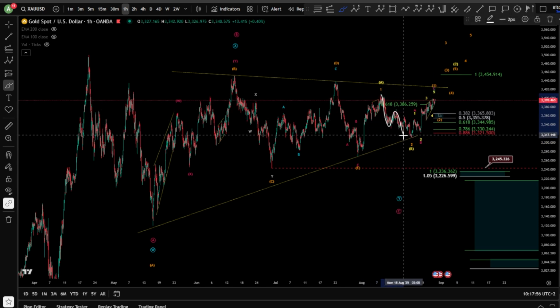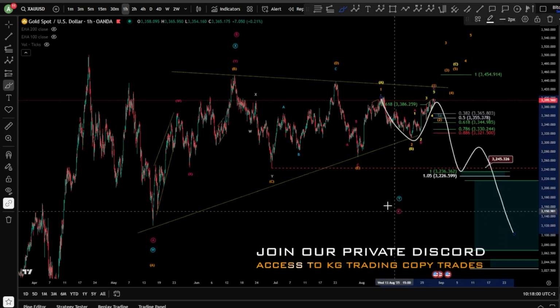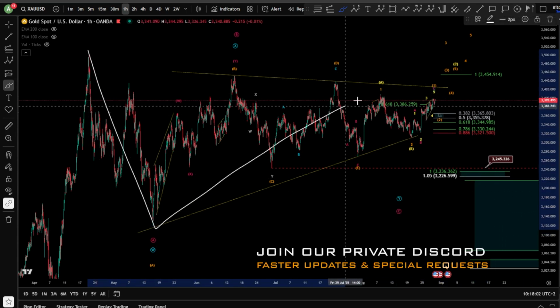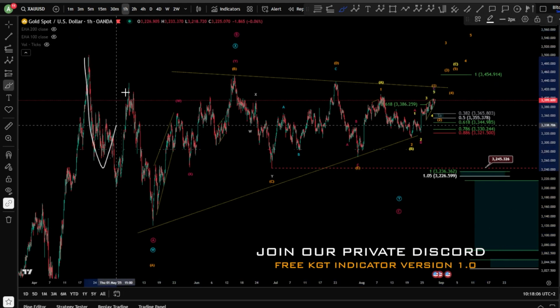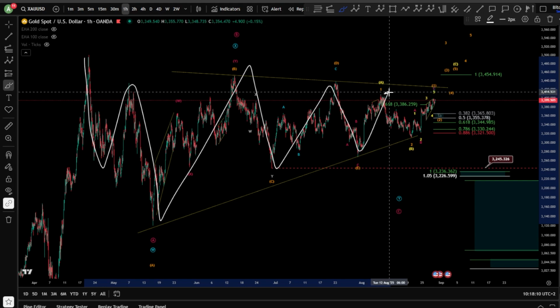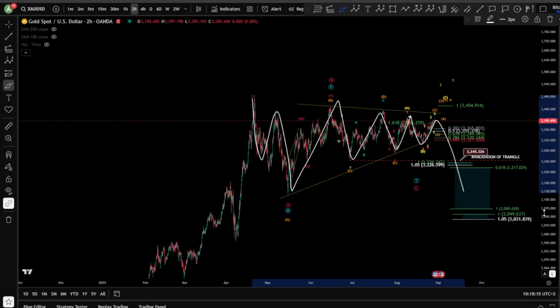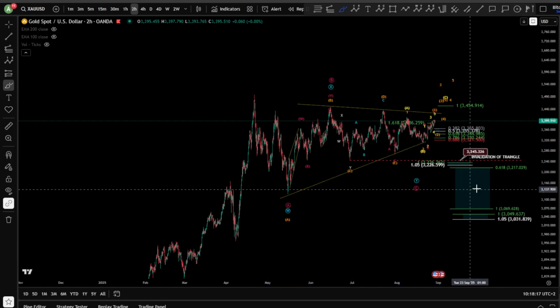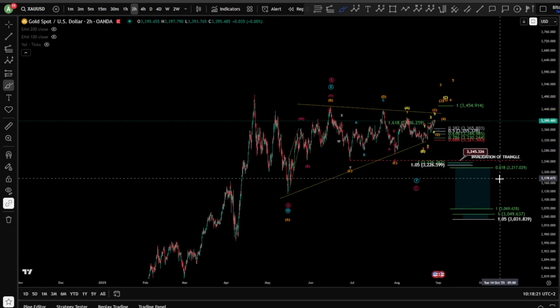Of course, if you want to take this as a leading diagonal, it can be 1, 2, 3, 4, 5 to unfold a big A, B, and a C here, because don't forget that you have a big wave A, 3 waves down. You got a triangle here as a wave E, and you might have a very, very huge wave C downward, to correct this wave 4.